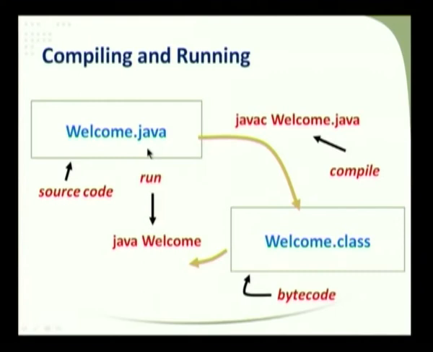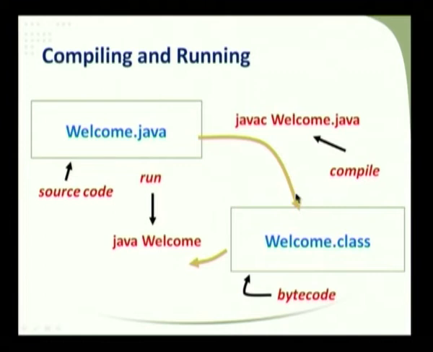Now this program can be written in Notepad, or you can use any IDE, that is an integrated development environment, such as Eclipse, NetBeans, etc. Or else you can just write this program in Notepad and save it with the extension .java. Now you have a Welcome.java file. Now I am compiling this file using the command javac Welcome.java.